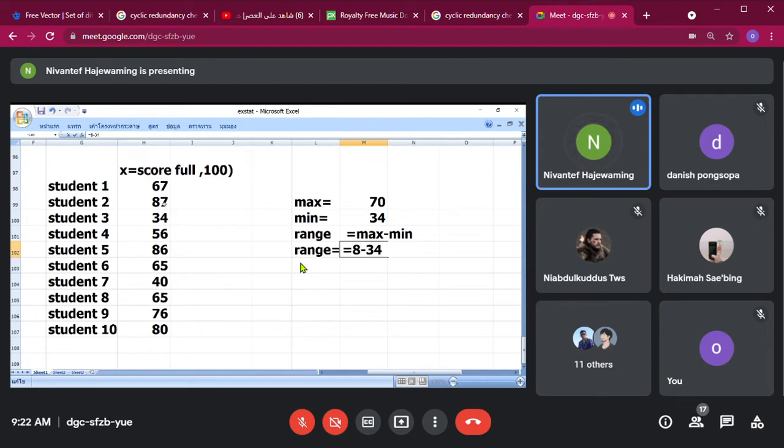You will get 53. If you want to grade, assume you need only 3 grades: A, B, and C.